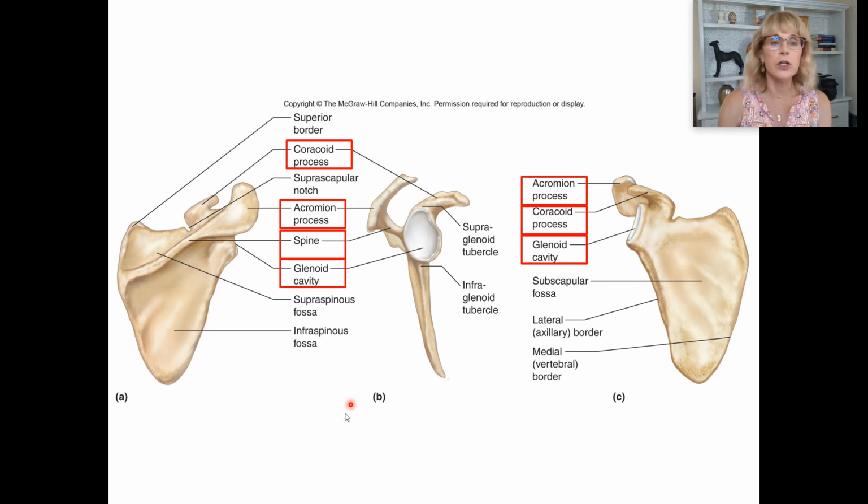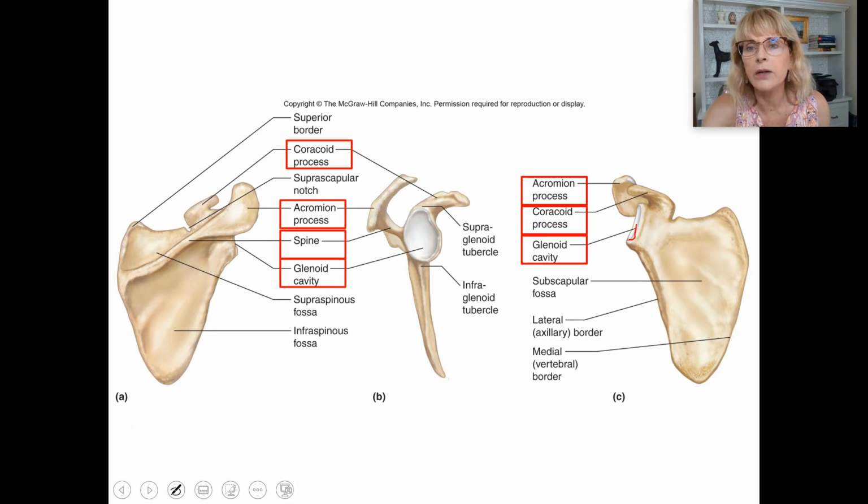The fourth thing you need to know is the glenoid cavity, and the glenoid cavity is lined with hyaline cartilage. If you've been watching the tissues lecture where we were learning about cartilage, there's cartilage at the ends of bones where they are a part of a joint. And this area right here, let me try and draw it with a pen.